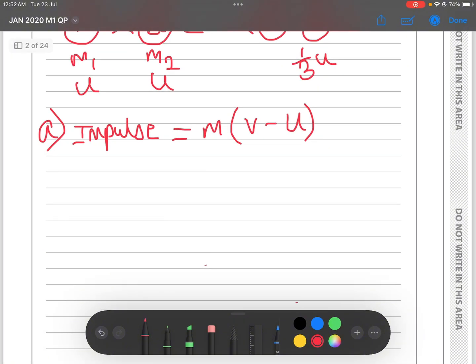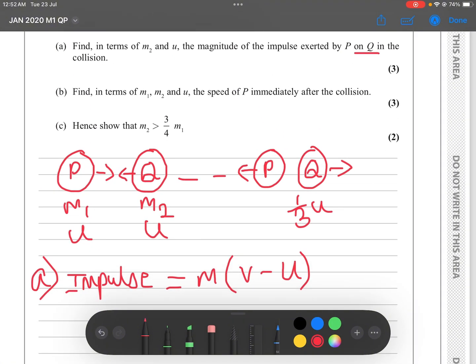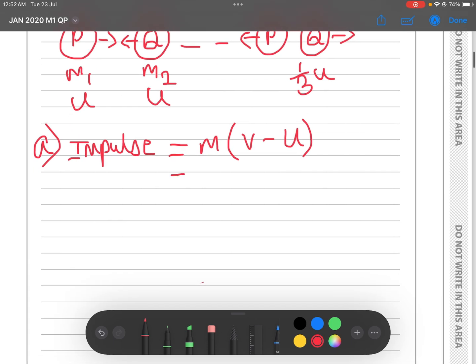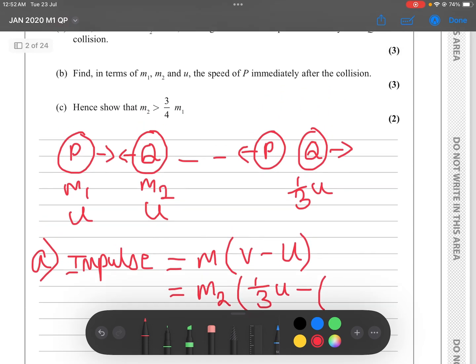As it states on Q, we're going to consider everything for the particle Q. So for Q, its mass is m2, its final velocity is 1 by 3u, minus, now this is a step where students usually tend to make mistakes.